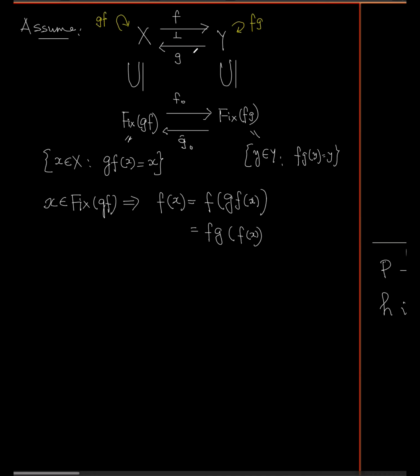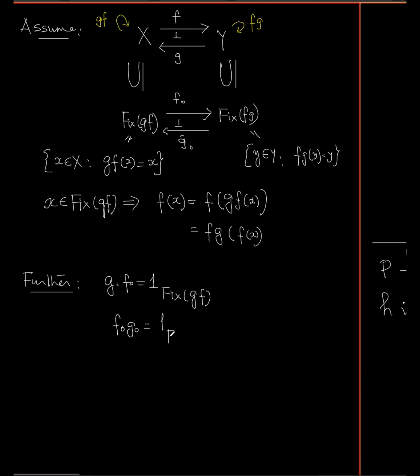Obviously, the same relationship that was holding over here holds over here. But what also happens further is that G0 F0 becomes the identity of fix of GF, and F0 G0 becomes the identity of fix of FG.